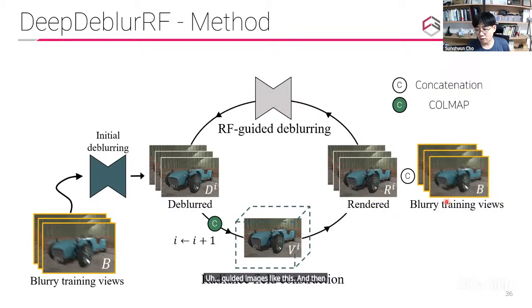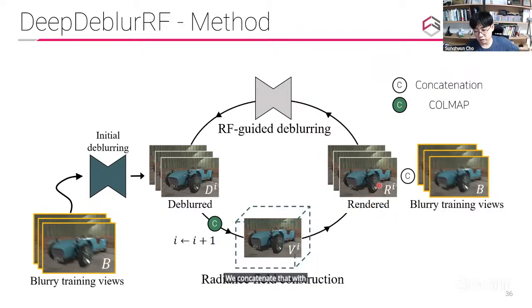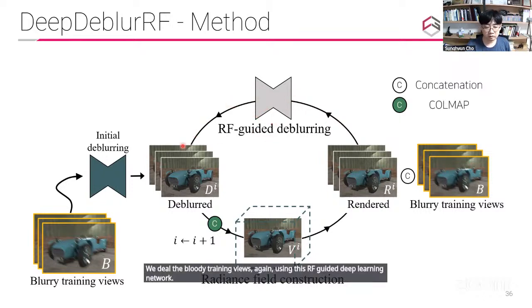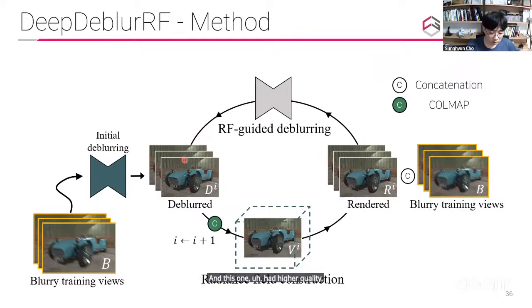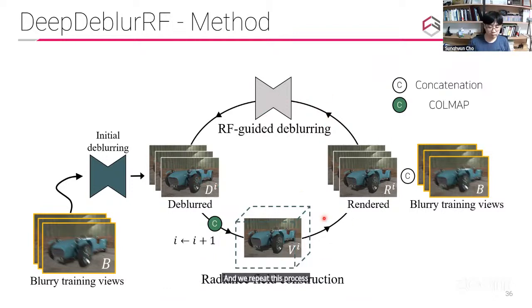Then for each blurry training view, we concatenate it with the corresponding rendering result, and we deblur the blurry training views again using this RF guided deblurring network. This one has higher quality information, and then we use these deblurred images again to reconstruct the radiance field, and we repeat this process a few times.